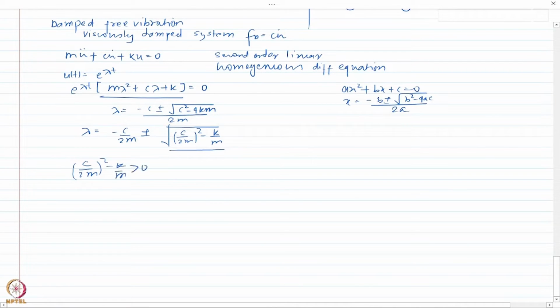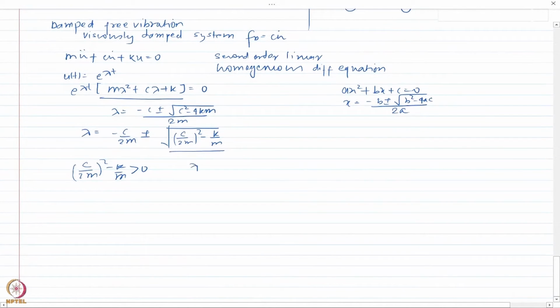That would mean lambda 1 and lambda 2 would be real. I'll get two real roots. The first would be this, and lambda 2 would again be minus c by 2m. However, I'll have a negative sign here.